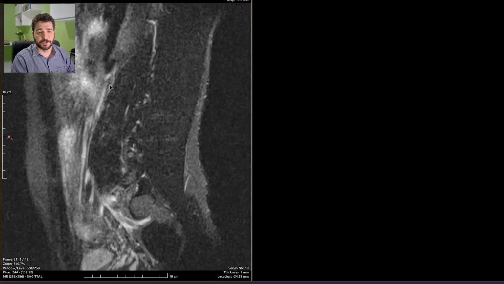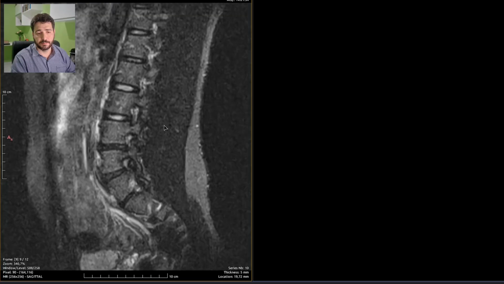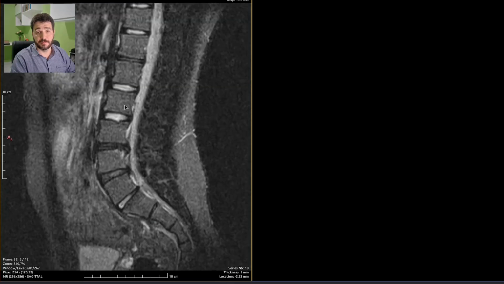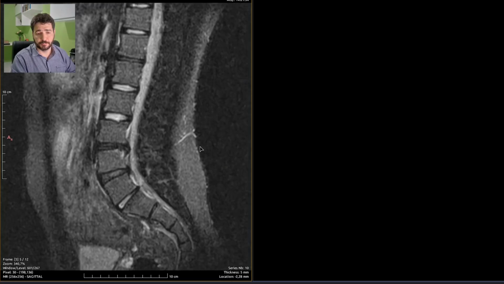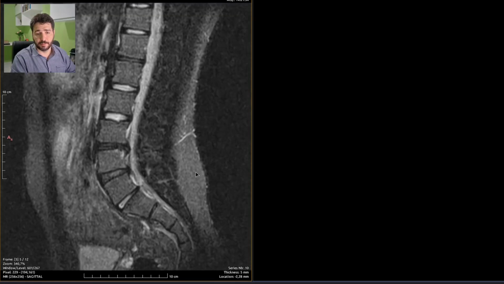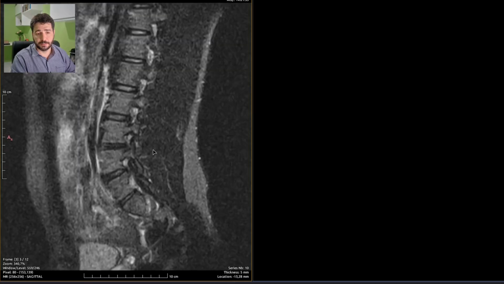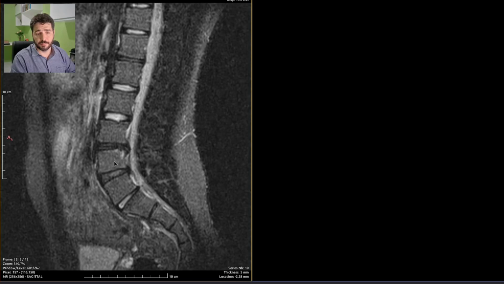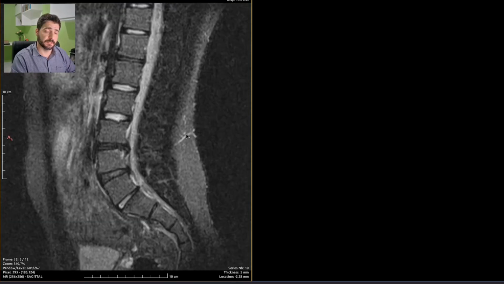So this is a sagittal T2, probably a STIR sequence, which is liquid weighted with an inverted pulse of inversion recovery, which saturates the signal from the fat tissue and enhances any kind of inflammatory, infectious, or neoplastic disease.